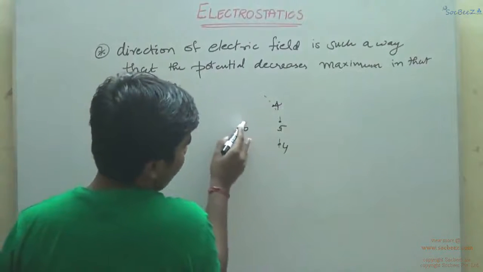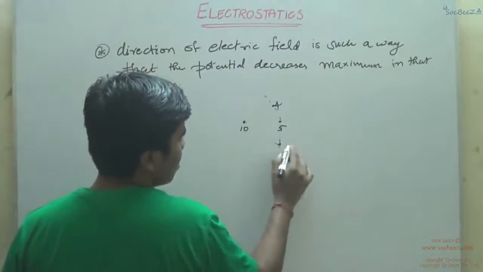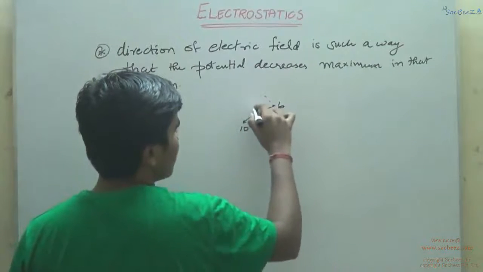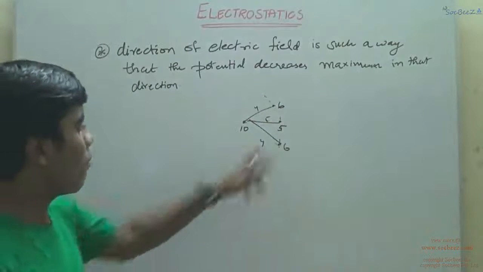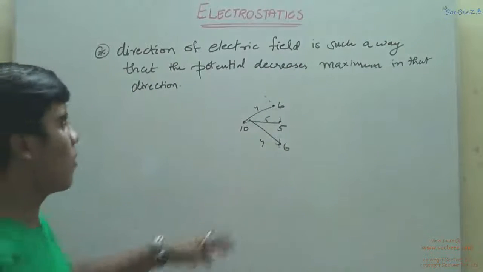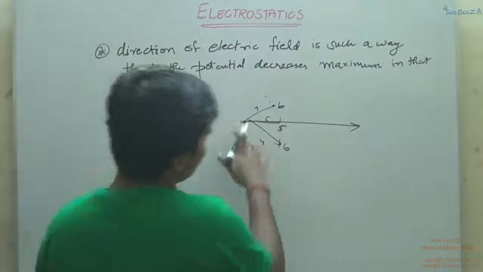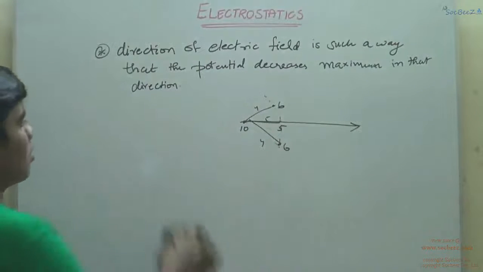So in this direction, sorry, here is 6 volts and here is also 6 volts. So the decrease in this direction is 4 units, and here is 4 units, here is 5 units. So if only these three are the different potentials, then the direction of electric field will be in this direction, because here the decrease in potential is the maximum.